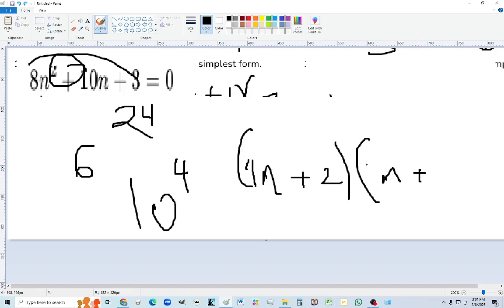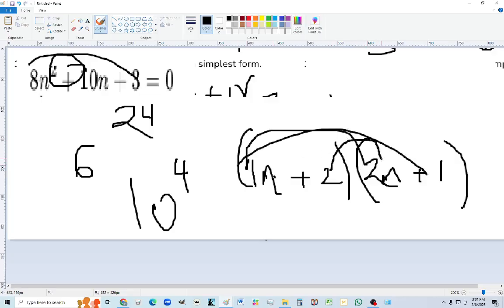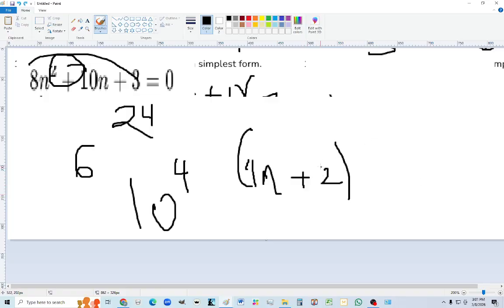I get 2n plus 1. If I do it out, 4n plus 4n does not equal 10n. So let's see what I did wrong there. 6 divided by 8. This should be a 3. Yeah, this first one.